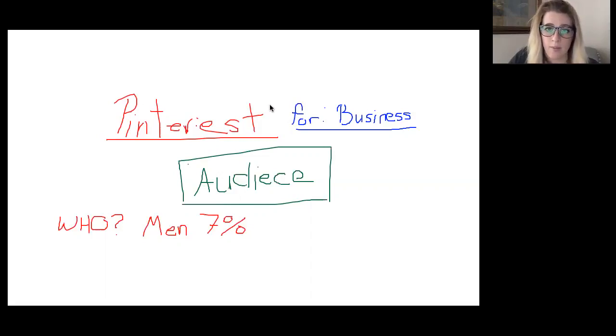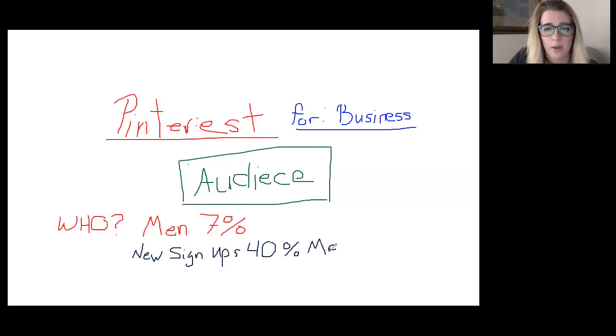So the other thing to know though is that currently with people who are signing up, so this is the current audience, but as new people are signing up, with these new signups, 40% of them are men. What does this mean?